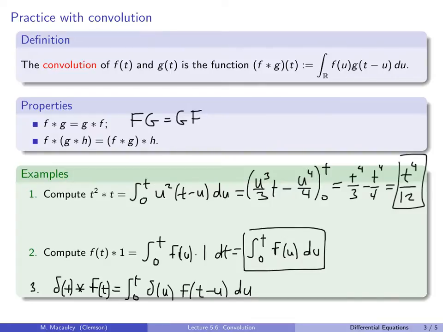And so this is going to pick off only one value. So we're integrating, so u is varying from 0 to t, and the only time we're going to pick off a value is when u equals t, and then we get delta of t times f of t. As we talked about in the previous lecture, that just picks off f of t. So the delta function really is like the identity function with respect to convolution.